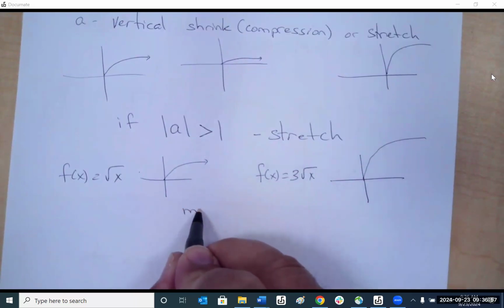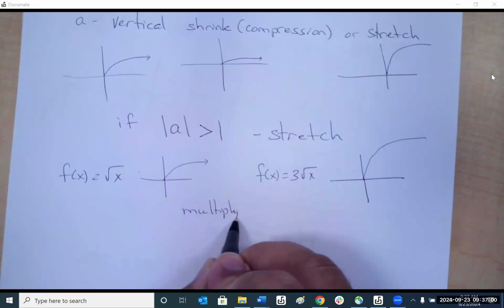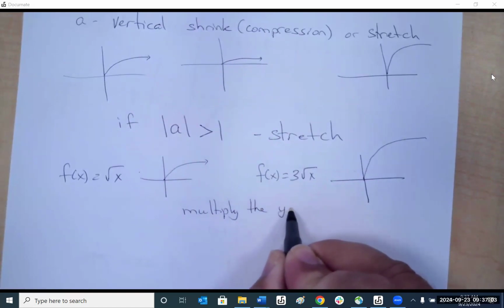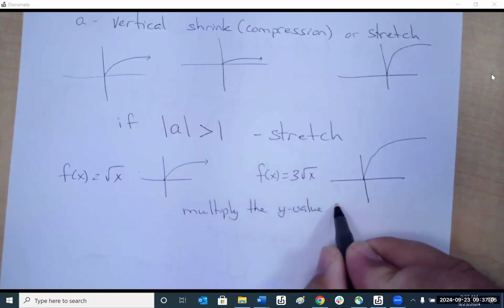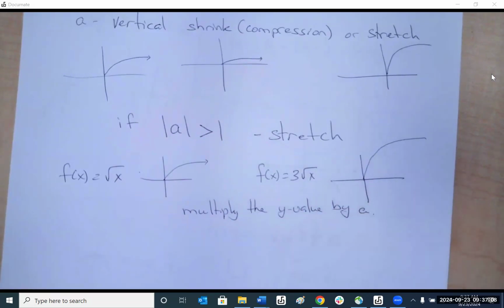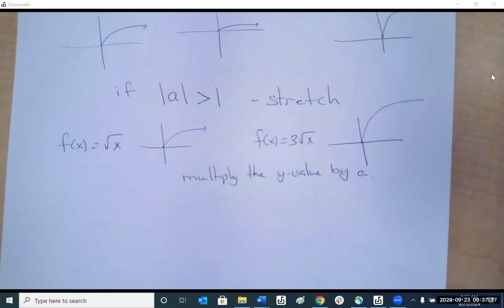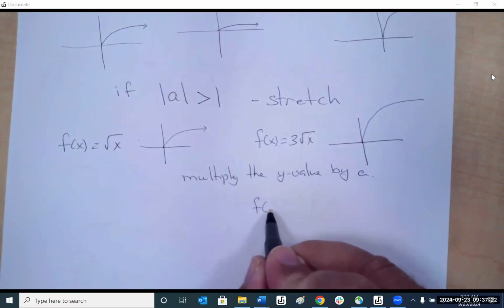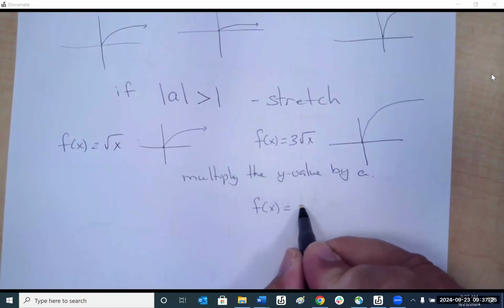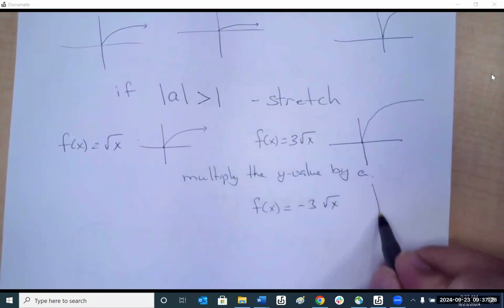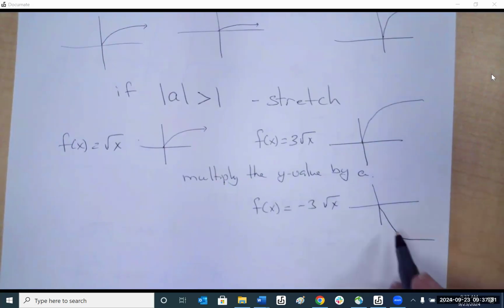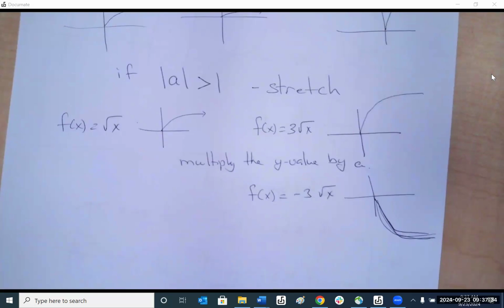So you multiply the Y value by A. Once you get the equation done, multiply by whatever A is. And likewise, remember I said absolute value. If I have -3, then it would look like that. If it's negative, it goes down. If it's positive, it goes up.